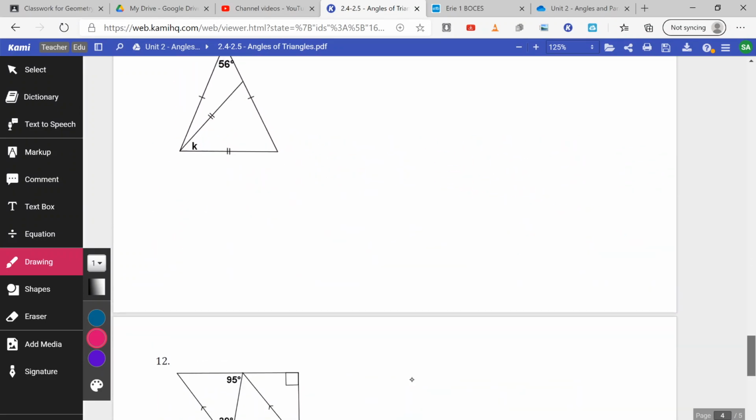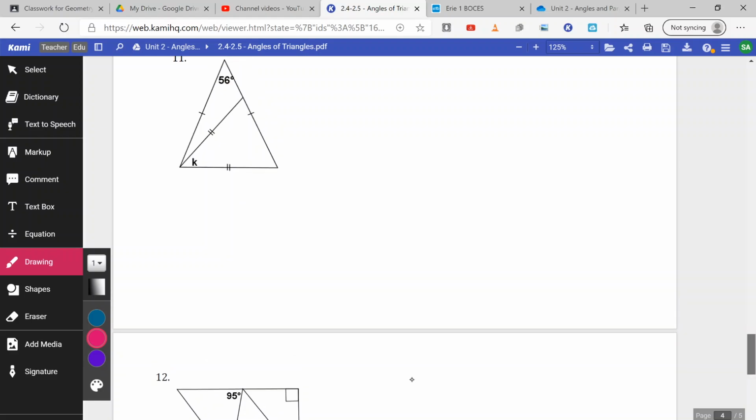Now number 11, we have a whole bunch of markings going on. We have angle measurement of 56 and K. We are told that the larger triangle, the two sides are the same, and then the smaller triangle, we got two sides the same as well. So based on this, we know up here being 56, we know that this angle and this angle are the same.